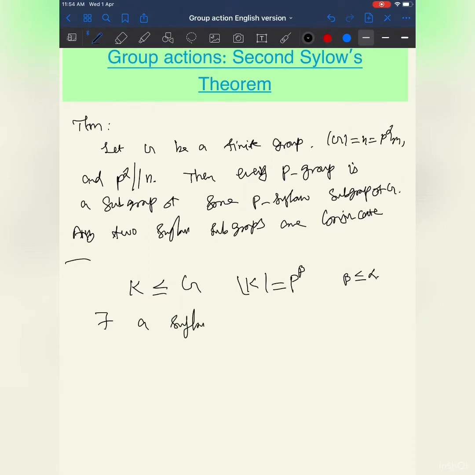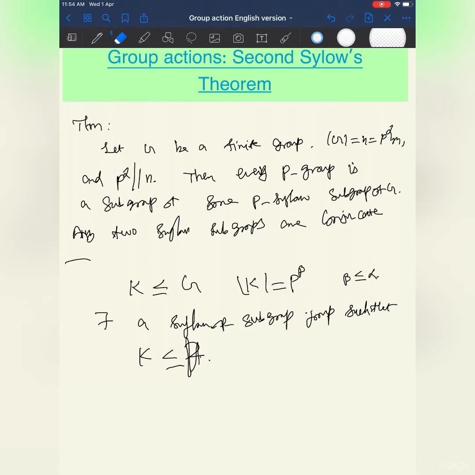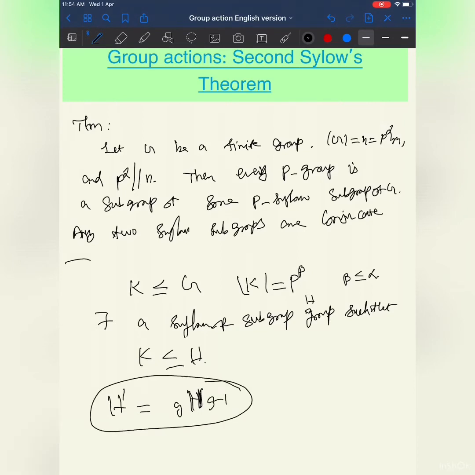Then there exists a Sylow p-subgroup, let's say H, which is a better notation, such that K is a subgroup of H. Also, if you have two Sylow subgroups, then H' is related to H by a g inverse.